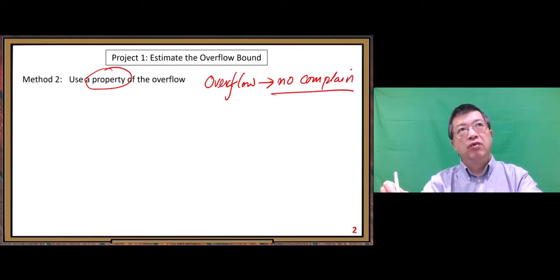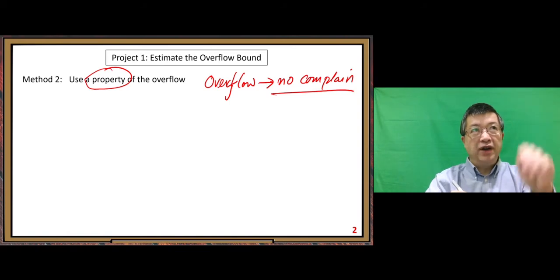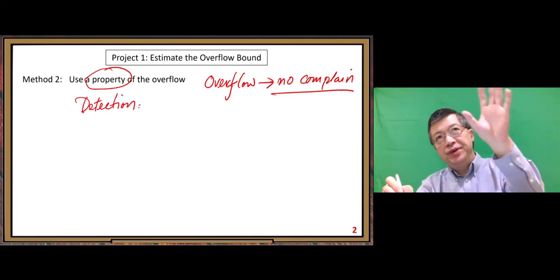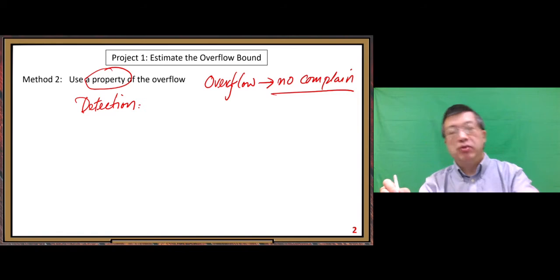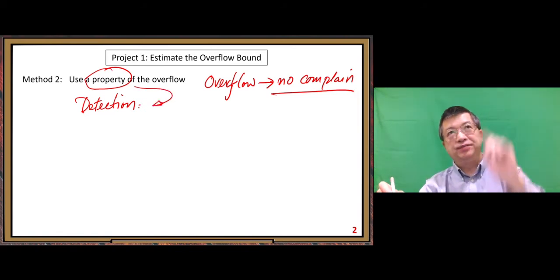So you won't know if there is an overflow. For that reason, we need an overflow detection method. We need to figure out some special property we can use. So let me describe this special property.